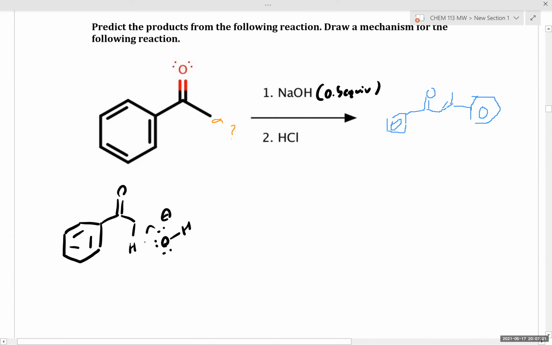And because we're using sodium hydroxide, which is a relatively weak base, we'd see a very small amount of this enolate generated. But it doesn't take much of this enolate in order for you to see aldol reaction products.